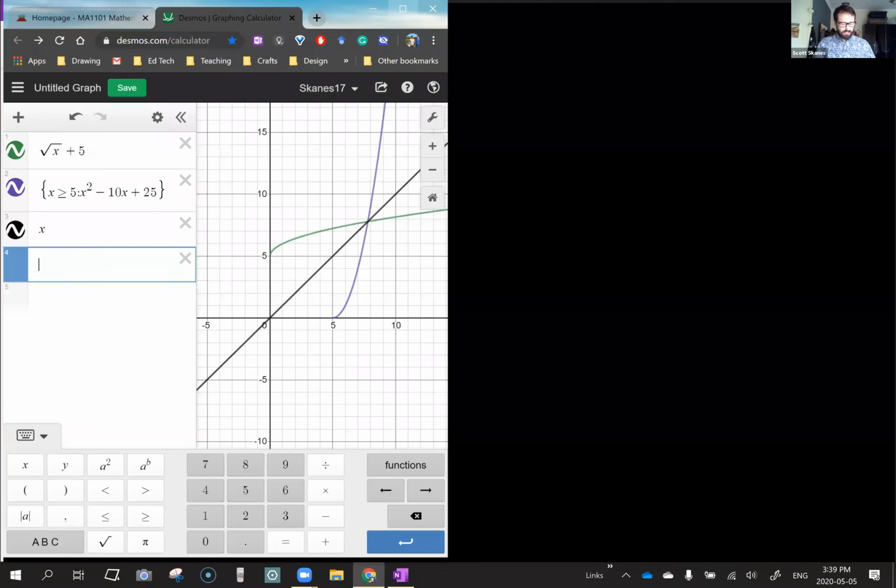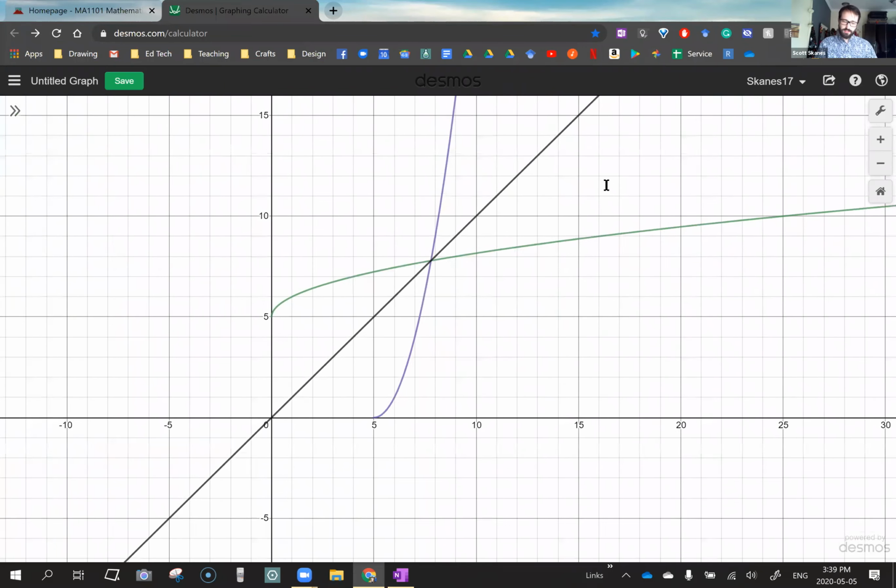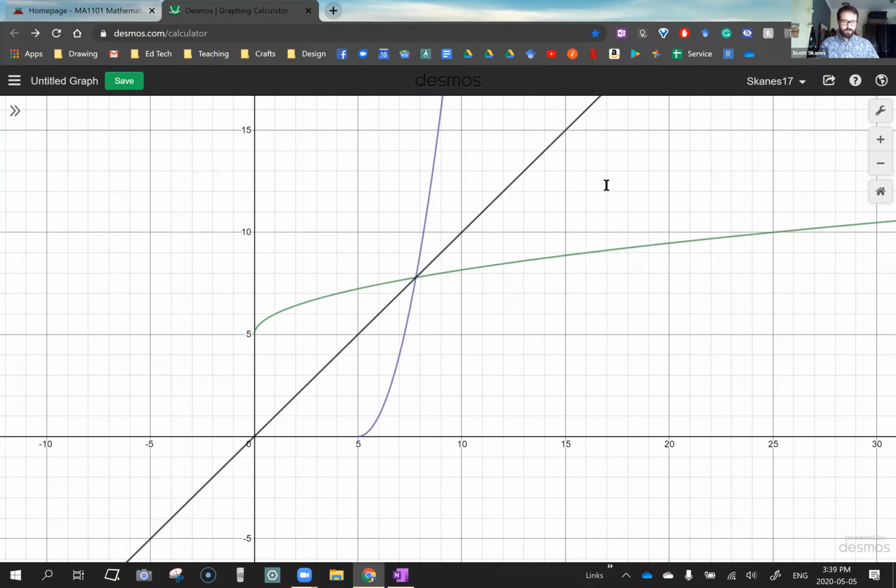So this is the last thing I want to talk about. How do I know that these are inverses? Well, I know they're inverses because I can see a relationship here. Look, for this value, it's perfectly reflected about that line. It's still 5.